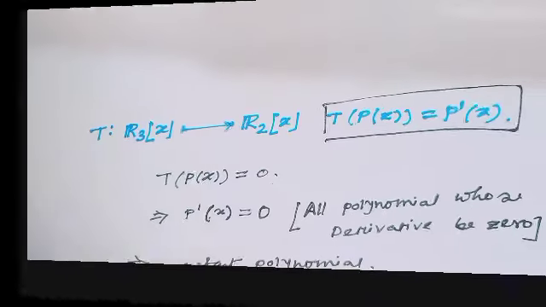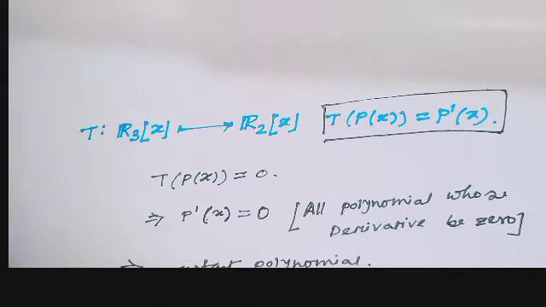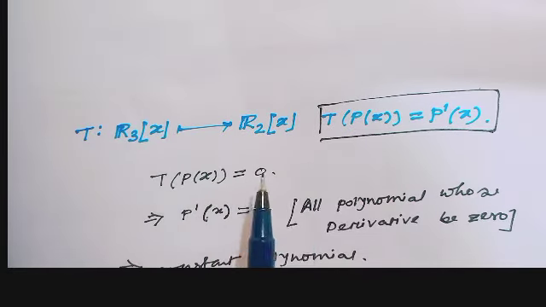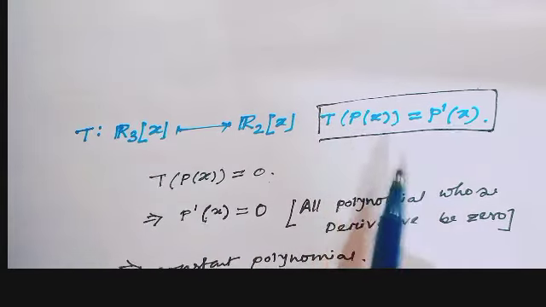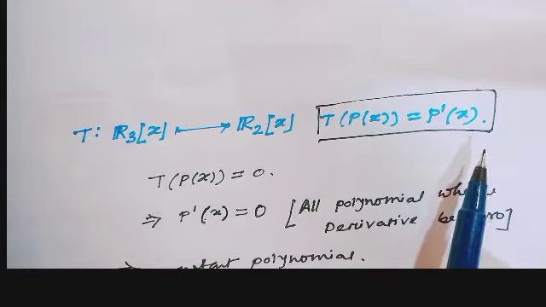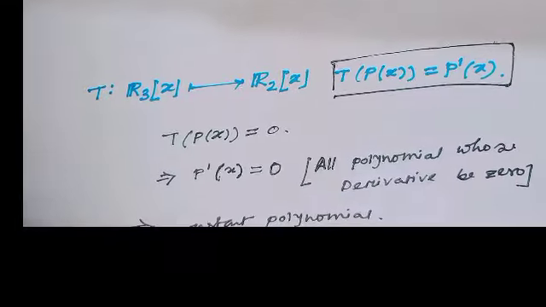Are you getting it? Let's verify some examples of kernel T and image T. First example, consider a mapping T from R3[x] to R2[x], where T of P(x) equals P prime of x. What would be the kernel T and image T of this linear transformation?